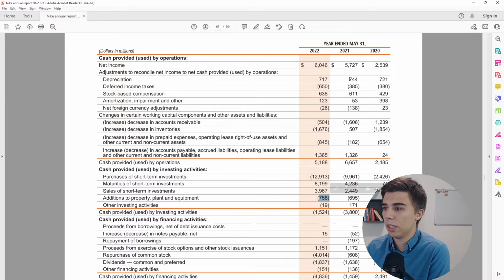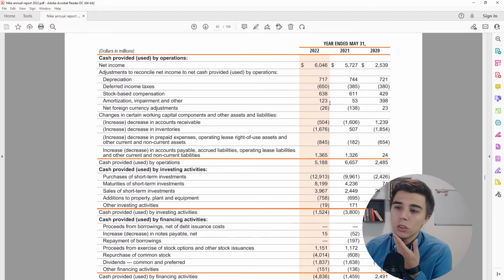Then we have 744, so this is actually quite comparable. 2020, 721 compared to 1 billion, so that's 300 million, 400 million even, or 350. So I think we could say around 150 million more than the depreciation, at least for these couple of years. So it's quite clear that they invest more than they actually need to replace the equipment.